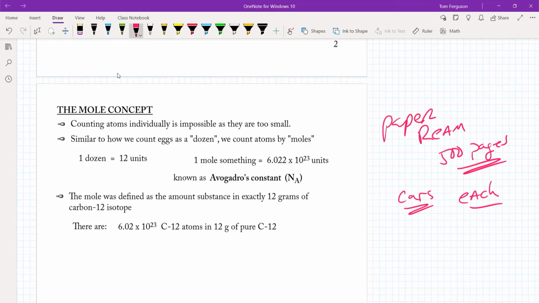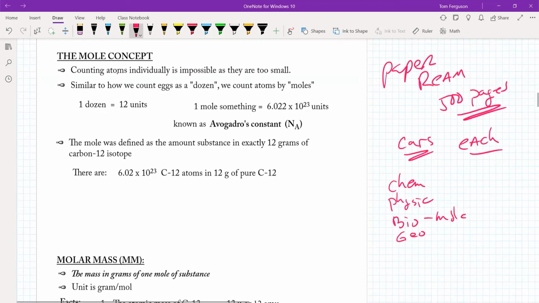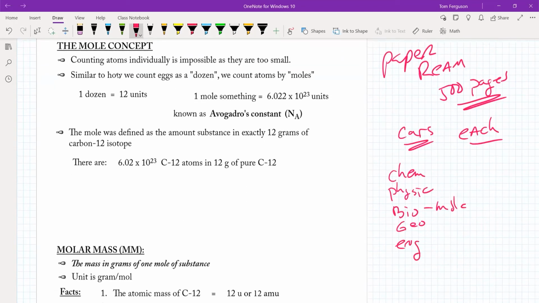When we're in the science industry, that is chemistry, physics, biology, and that's mostly molecular biology, geology, engineering, the convenient unit there is mole, which comes from molecule.